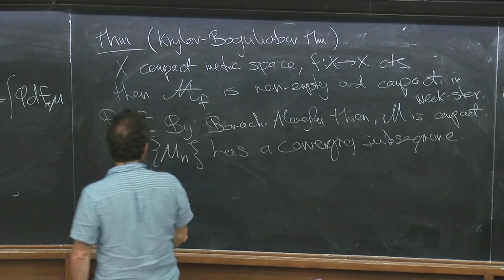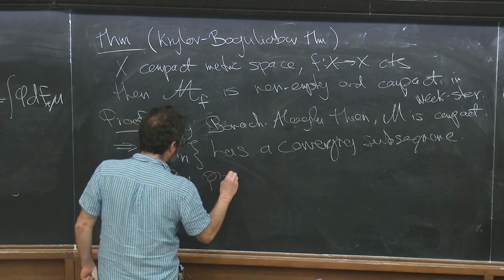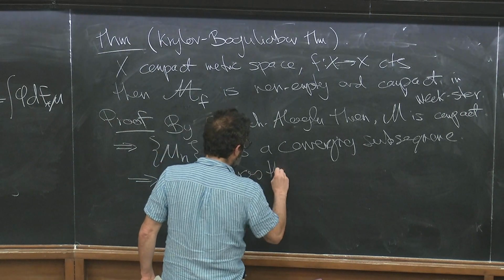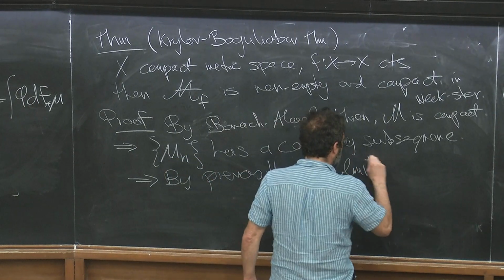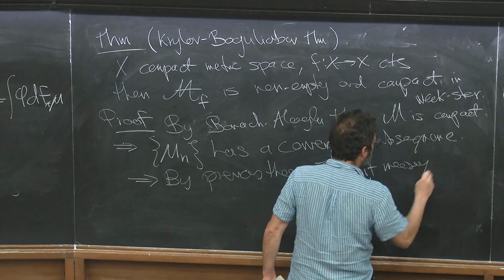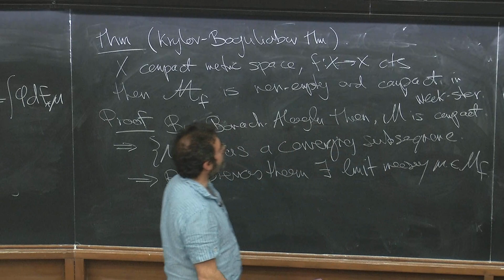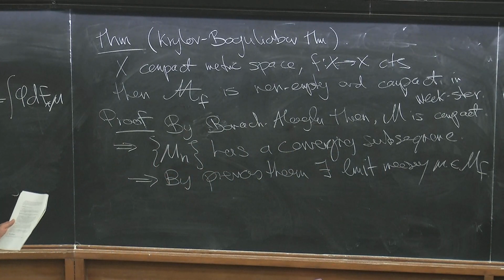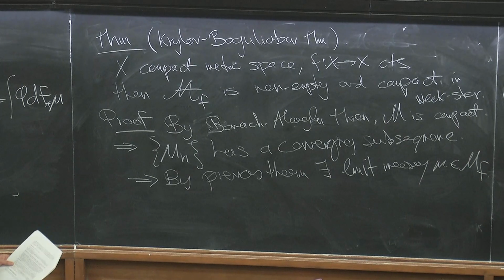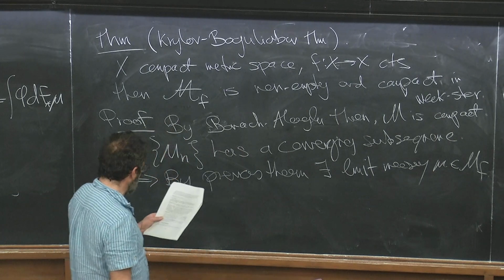Okay, and then by the previous theorem, there exists a limit point, a limit measure mu, which is invariant. That shows it's non-empty. And the compactness, I'm not sure if you can deduce the compactness of the invariant measures by a general theorem.